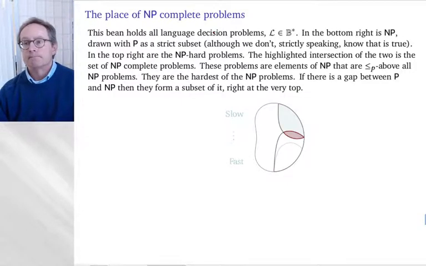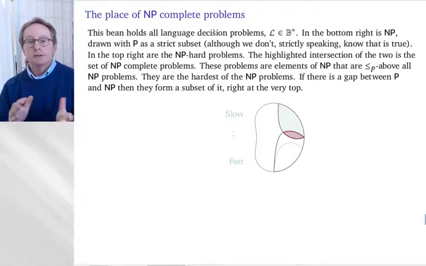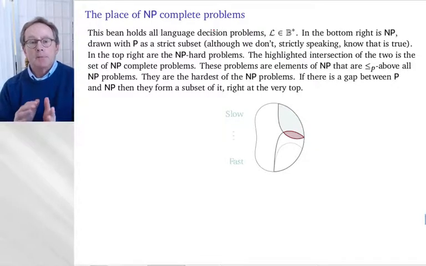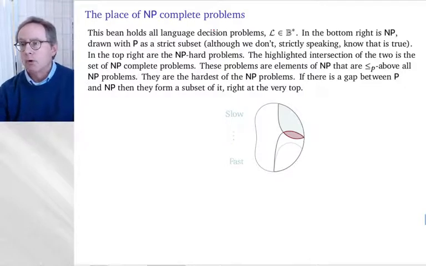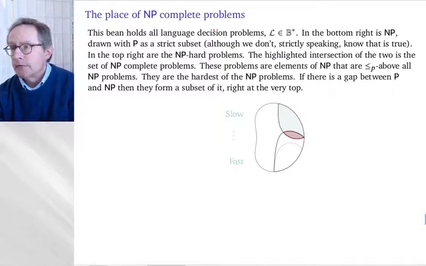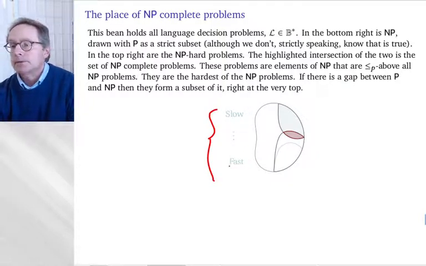which of the two pictures is correct. Okay, so first I want to reflect again on NP complete problems, since there's sometimes confusion in a person's mind about the difference between NP and NP complete. So the bean here holds all the language decision problems. Every single language decision problem is somewhere in here, and the problems that are quickly solved are down near the bottom.